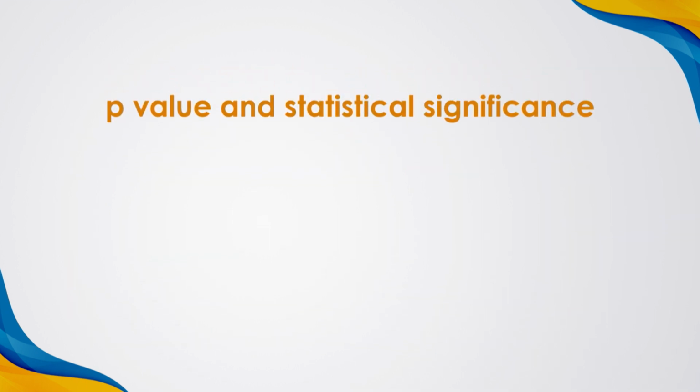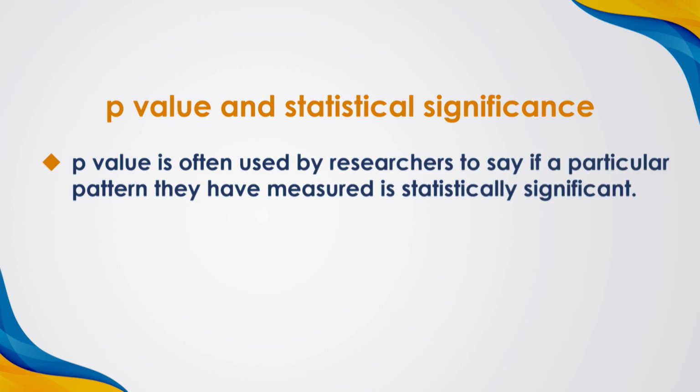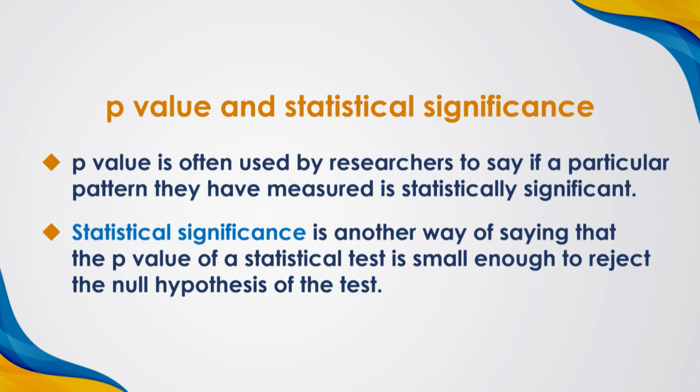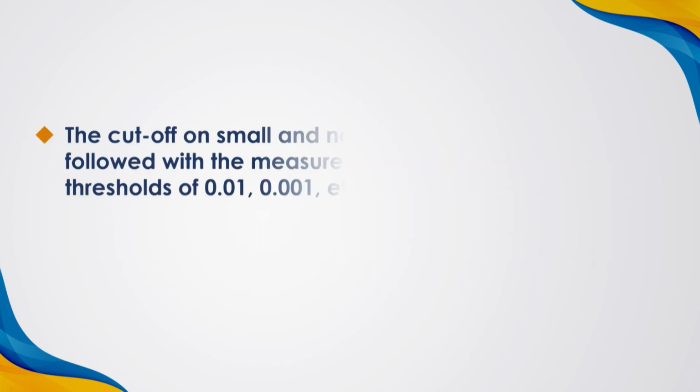P-value and statistical significance: researchers often rely on it to say if a particular pattern they have measured is statistically significant. Statistical significance is another way of saying that the p-value of a statistical test is small enough to reject the null hypothesis of the test.